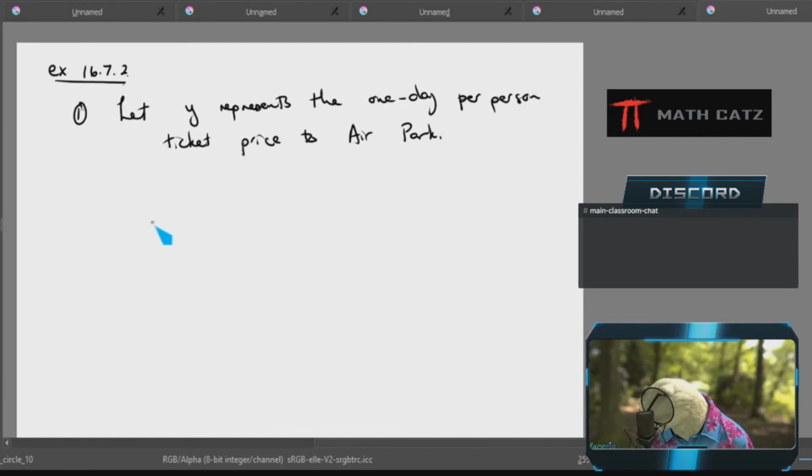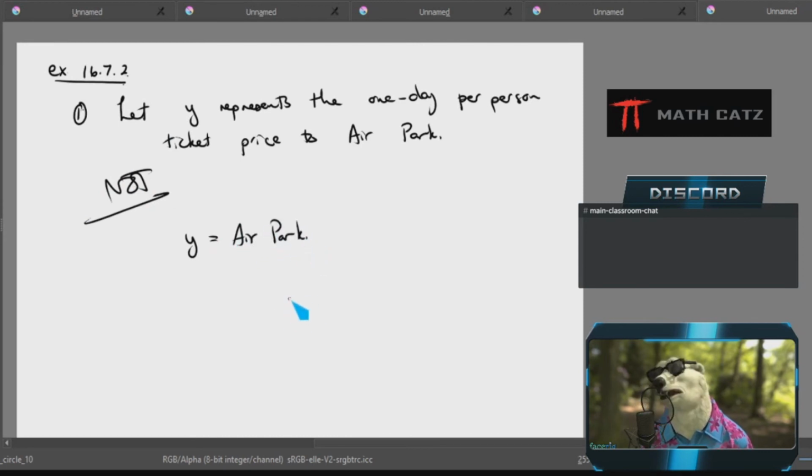I will say it on the record now. If you say y equals Air Park, I will not give you your mark that is reserved for step 1 because this is not clear. Maybe you know in your mind what you want to say and what the variable means, but if it doesn't come across on paper, virtual paper, it doesn't count.